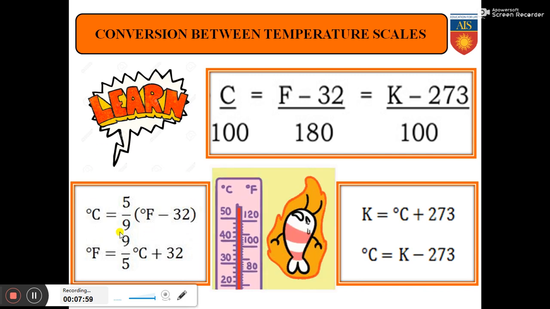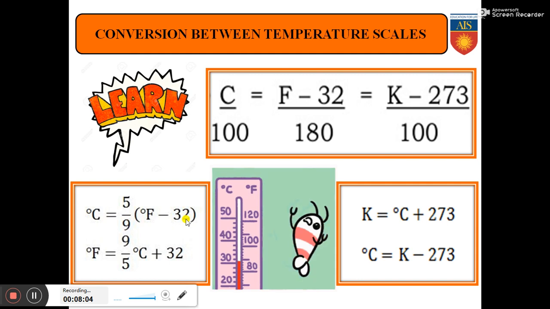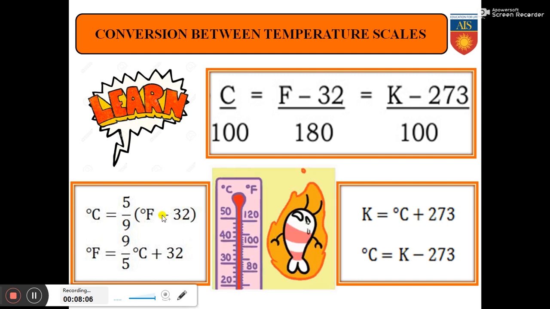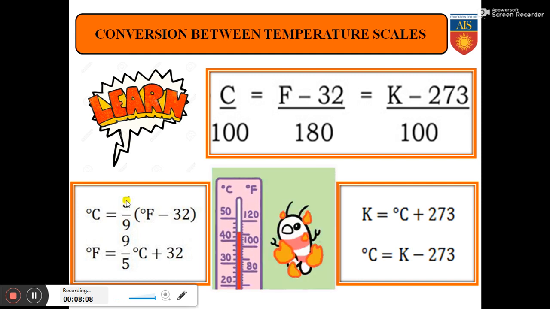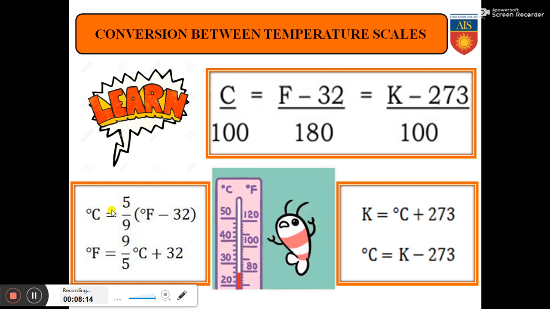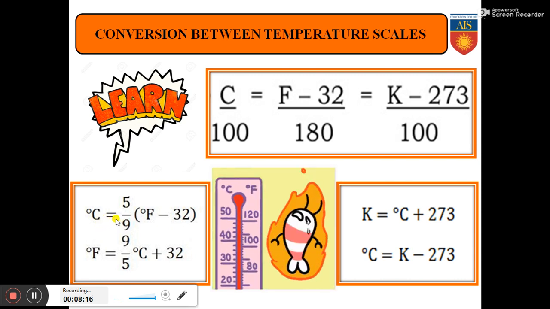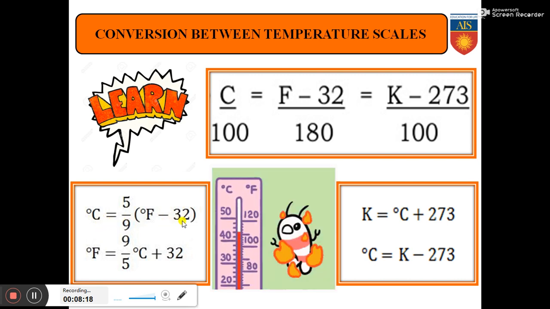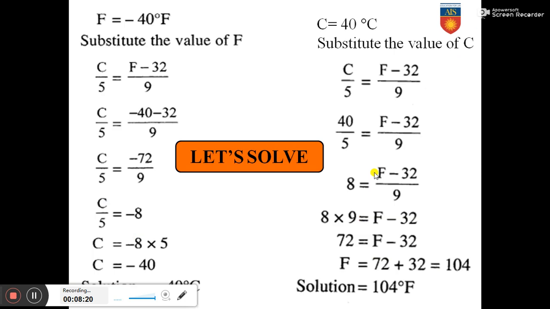See this particular formula: C is equal to 5 by 9 bracket F minus 32. Do not forget to give the brackets. We are just taking the 5 from this numerator and placing it in the denominator under degrees Celsius. So if you do degree Celsius by 5, it becomes equal to F minus 32 by 9. That same thing is being done here. So C by 5 is equal to F minus 32 by 9.